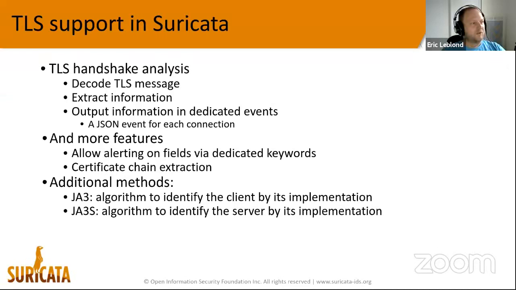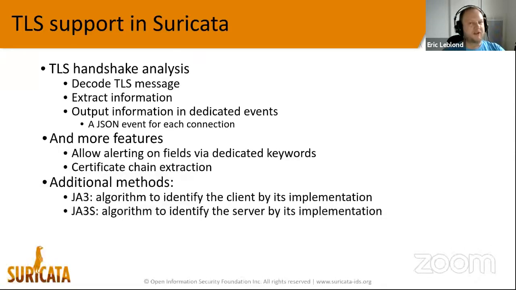And we can use this feature extraction to alert on this. So you can make a match on these TLS fields to detect some bad behavior, some bad certificate, or some unwanted certificate authority, for example.